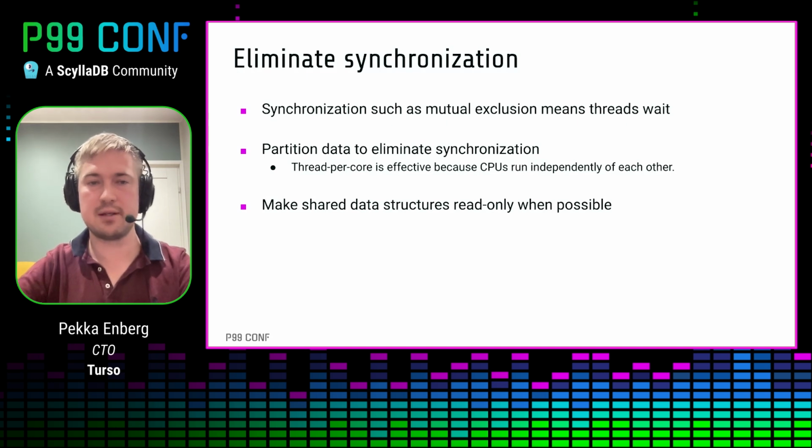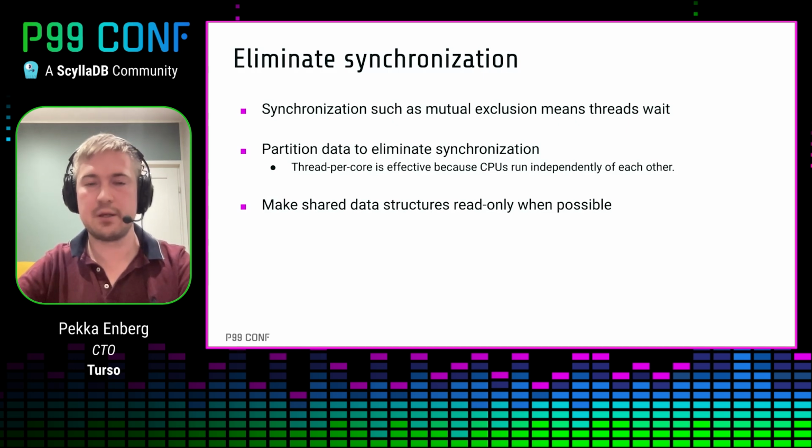And this is one of the reasons why thread per core architectures are so unreasonably effective, because essentially CPUs run independently of each other. No threads are going to wait for anything. Every core will just go full steam ahead. But also, one way to eliminate synchronization is to make shared data structures read only when possible, right?